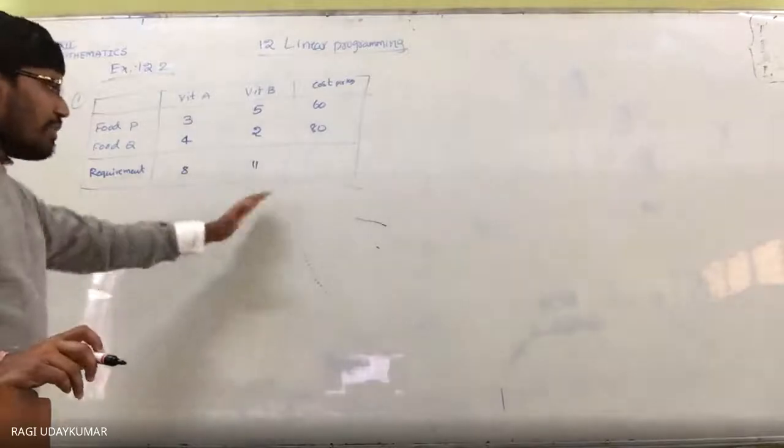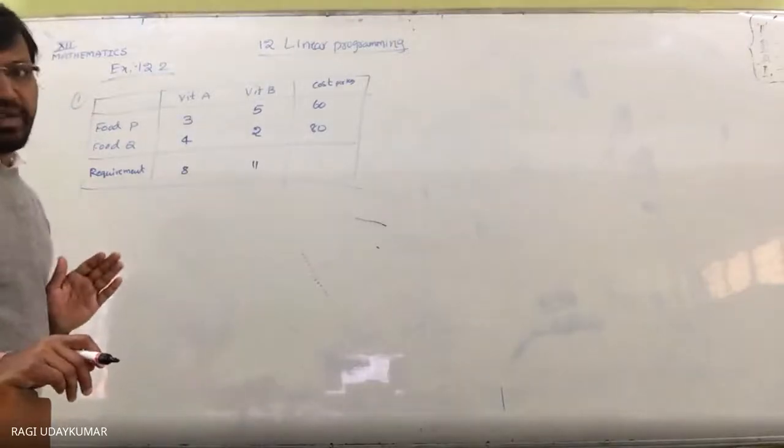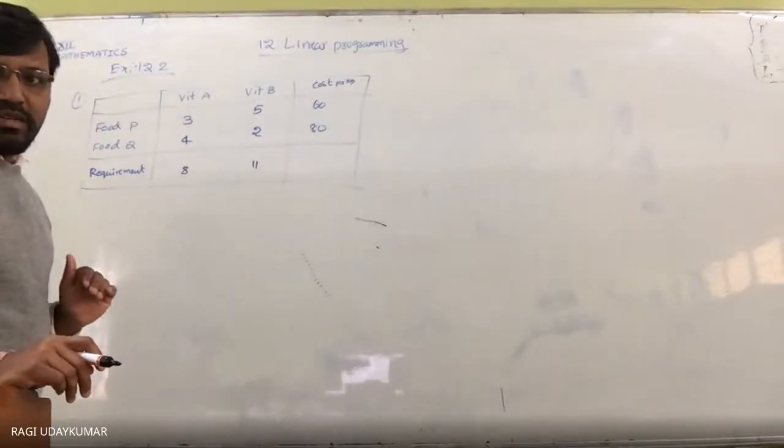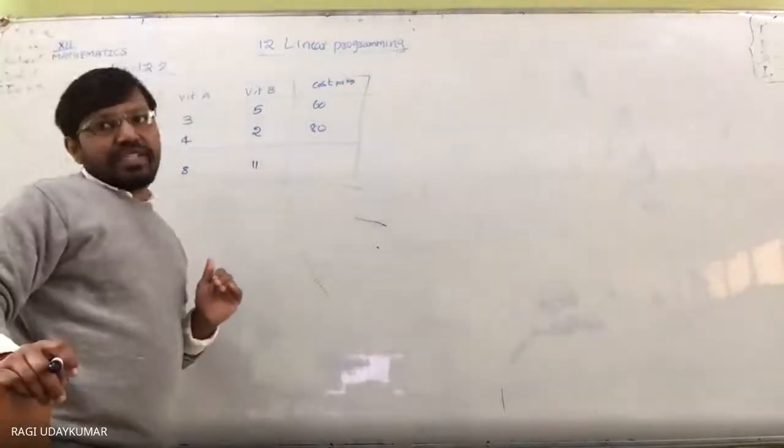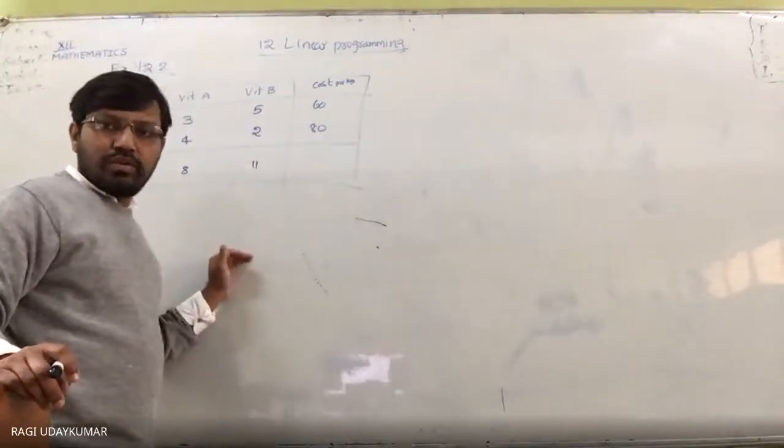I will explain one problem completely, with the solution and the graph, and show how we find the constraints. Is the board visible to you? Yes, sir. Clear?